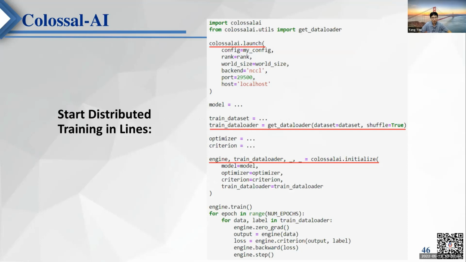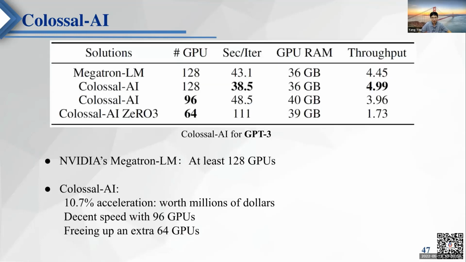Okay, so now Colossal-AI is supporting PyTorch. For PyTorch users, you just need to change a few lines of code, and then we can use Colossal-AI to deploy your code to the cluster. So here are the other results. For example, for GPT-3, without Colossal-AI, for example, if you use Megatron, you need 128 GPUs to train.